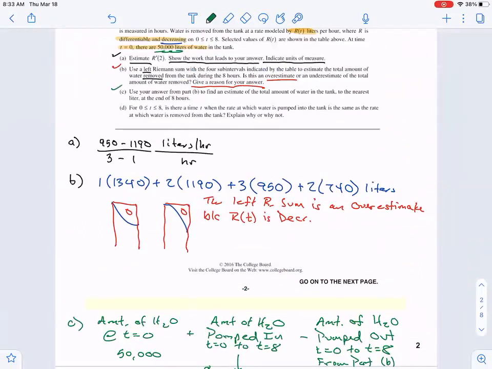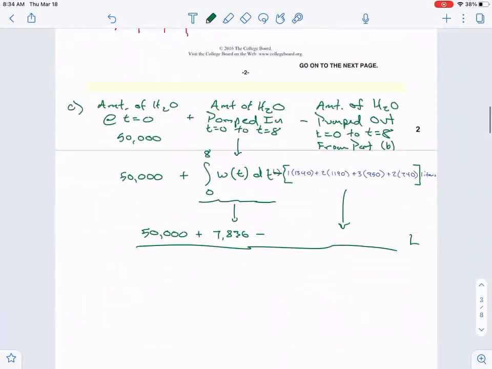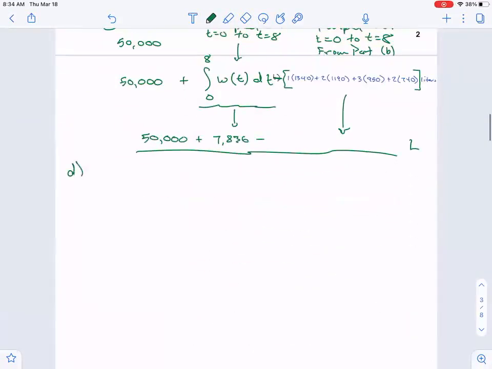That's part C. Okay, part D, for the closed interval 0 to 8, is there a time t when the rate at which water is pumped into the tank is the same as the rate at which water is removed from the tank? Explain why or why not. So for this one, I need to remember W at t and R at t.